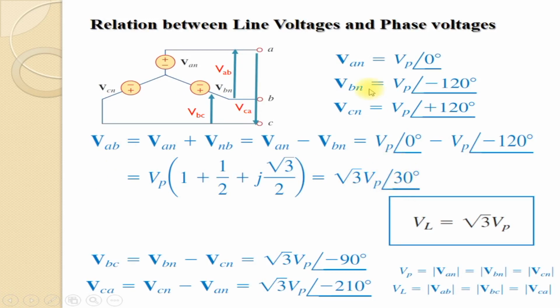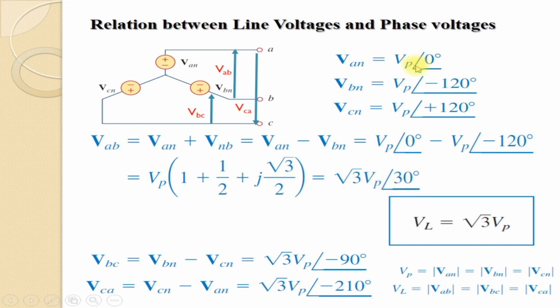That means if you consider VAN as the reference phasor or reference voltage, the line to line voltage VAB can be written as root 3 VP angle 30 degree.